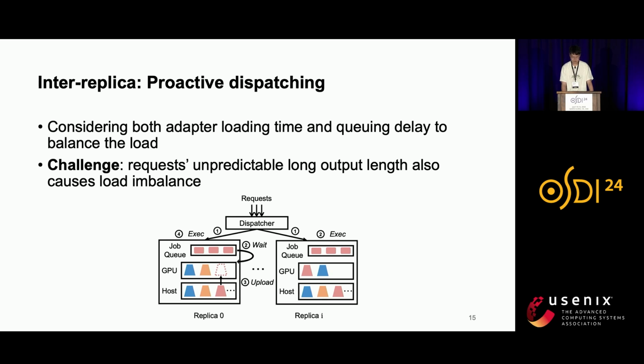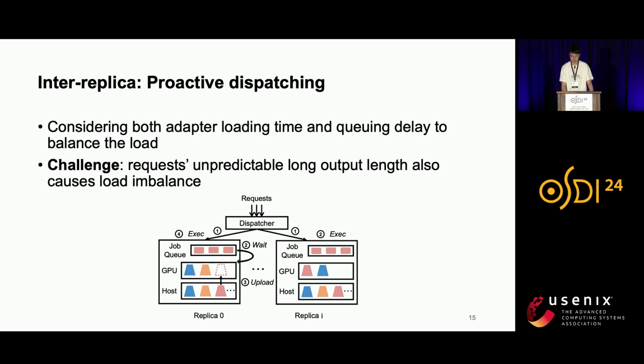To address the load imbalance issue among replicas, we first propose a proactive dispatching technique. In cluster scheduling, beyond the execution time of requests, several other factors also impact the end-to-end latency. For instance, if a request is dispatched to a replica without a corresponding LoRA adapter in GPU, the LoRA adapter loading time must be considered.